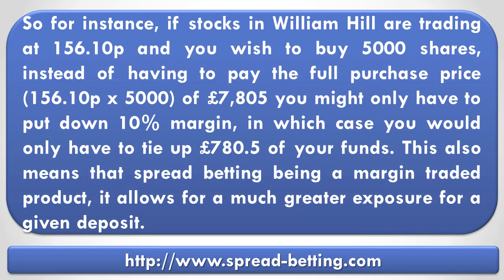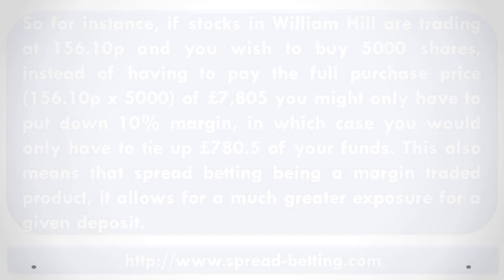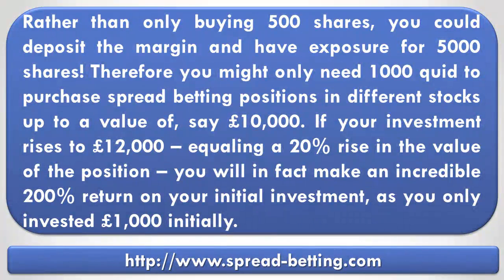This also means that spread betting, being a margin traded product, allows for a much greater exposure for a given deposit. Now, rather than buying only 500 shares, you could deposit a margin and have exposure for 5,000 shares.